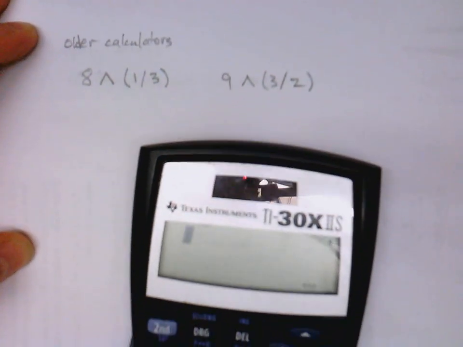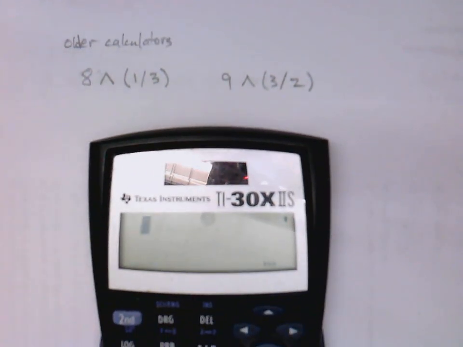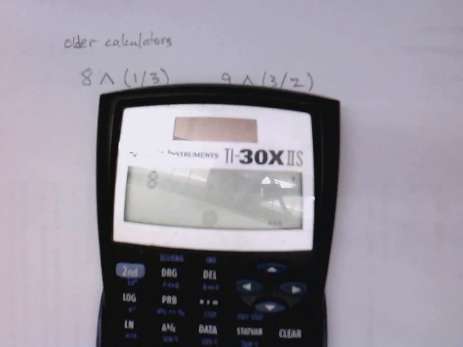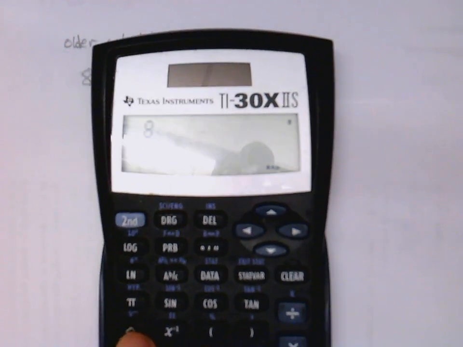So just for our two examples, on an older calculator, you've got to use parentheses. So here, I don't have this more modern, really nice screen that's user-friendly. I've got to use my caret button. I'll just show you everything. My caret button is down here, 8 caret.